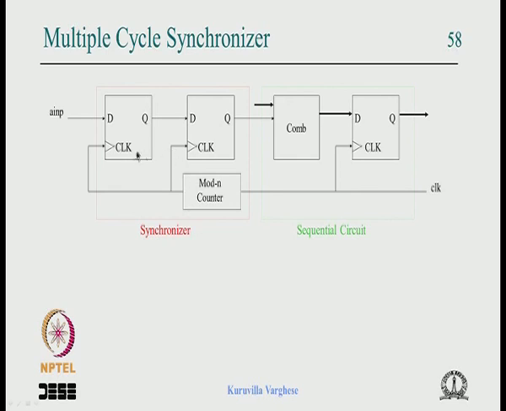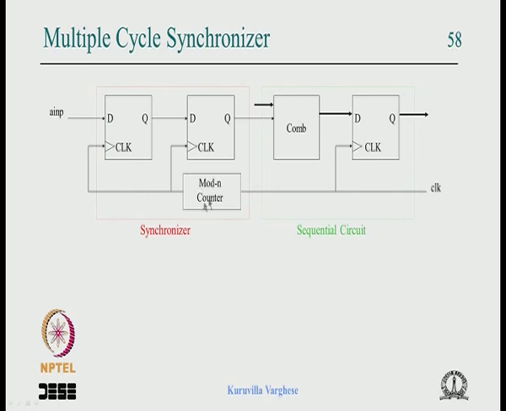So now you see the TR. When you divide by mod n, the clock period is increased by n. If you divide the clock by 2, the clock period will be 2 times T clock.